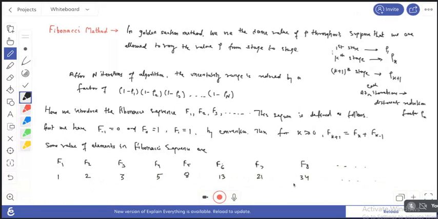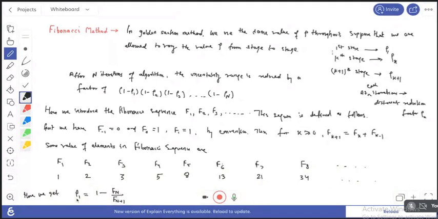So what is the value of the first one, rho 1? Rho 1 equals 1 minus Fn over F of n plus 1, if we perform our calculation for n iterations.